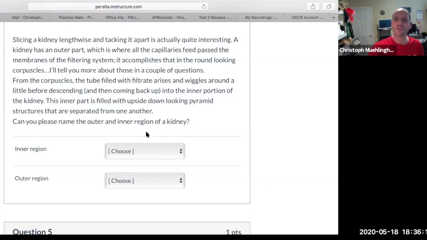From the corpuscle, the tube filled with filtrate arises and wiggles around a little before it descends, and then comes back up and descends into the inner portion of the kidney. This inner part is filled with upside down looking pyramid structures that are separated from one another by a membrane. Can you please name the outer and the inner regions of the kidney?